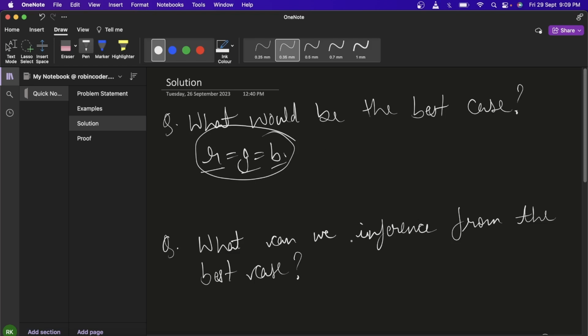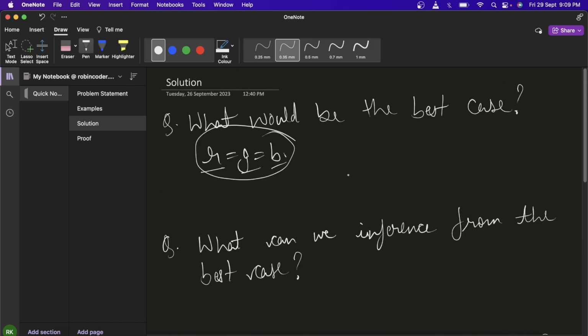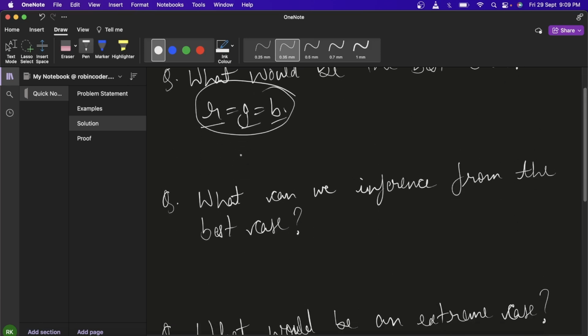The second question we can ask is, what can we infer from the best case? It was just my intuition that whenever these values are nearly equal, that would be better than other cases, like when these are far apart.